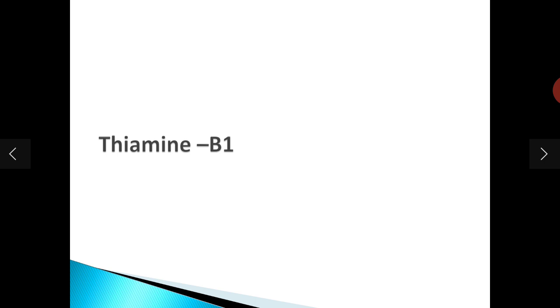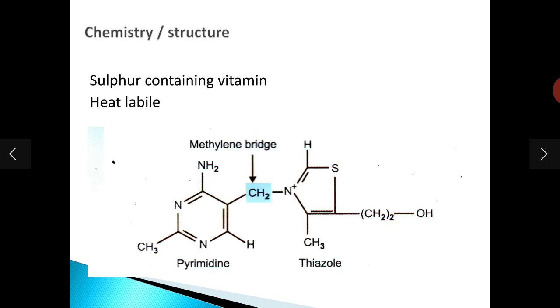Under B complex we have the vitamin B1, the first vitamin, thiamine. The structure of this thiamine has a pyrimidine ring with a thiazole ring connected by a methyl bridge, and it is a sulfur containing vitamin and it is heat labile.